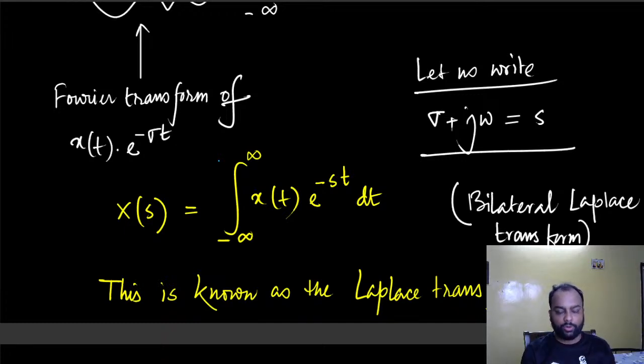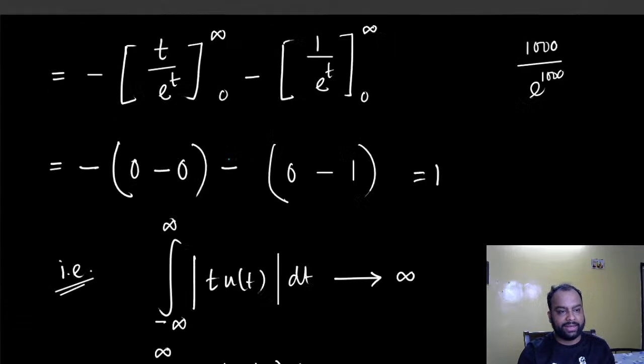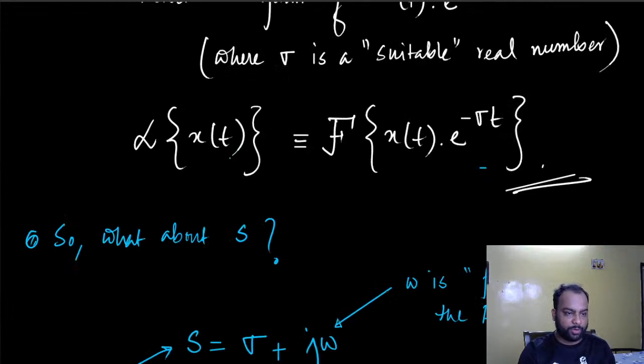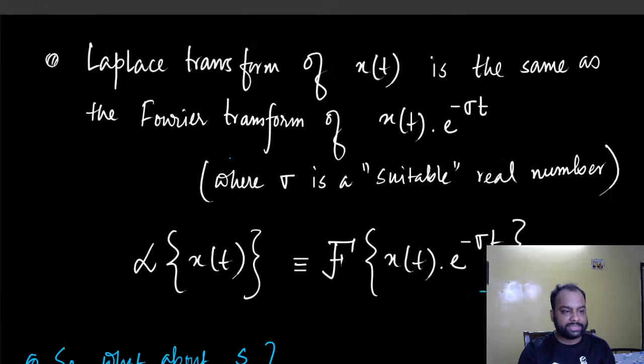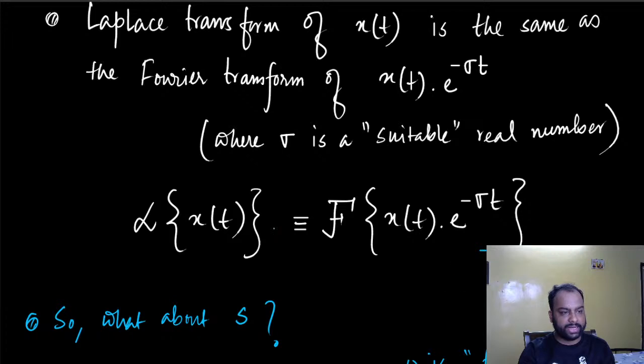They can be multiplied with suitable exponentials that reduce their area such that it is finite, and they then have Fourier transforms. So that is how we define Laplace transform. We used this entire class to define it.